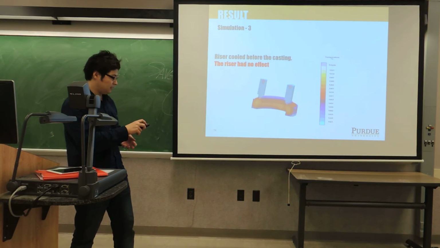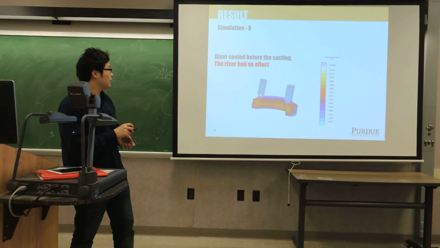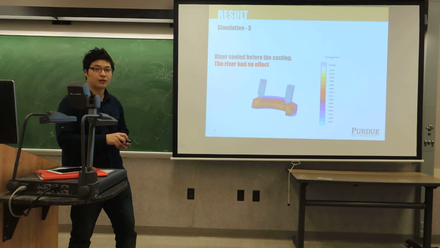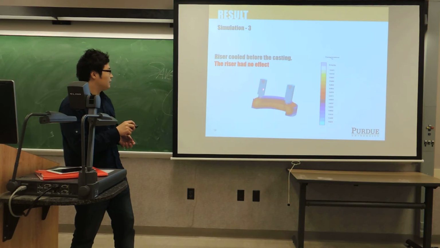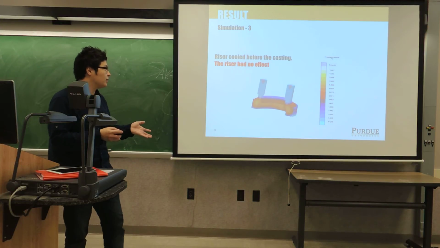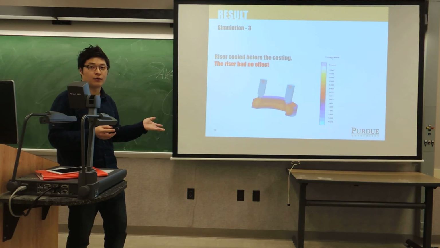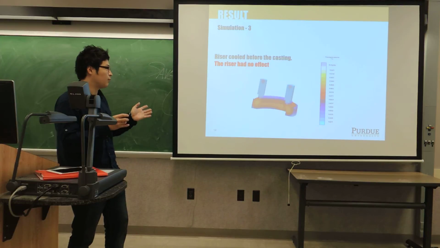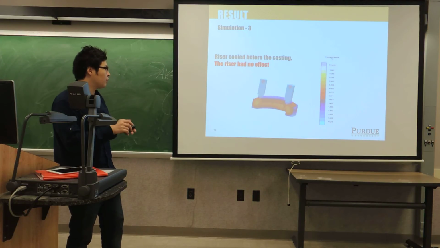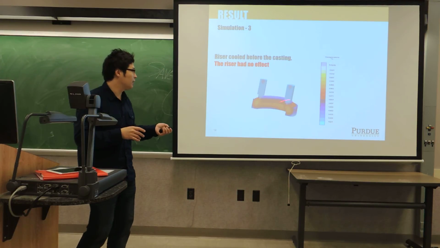But this picture shows that the riser's function in simulation 3 of my project is not working, because the riser solidified before the gear solidified. That means it cannot provide liquid metal to the cavity.